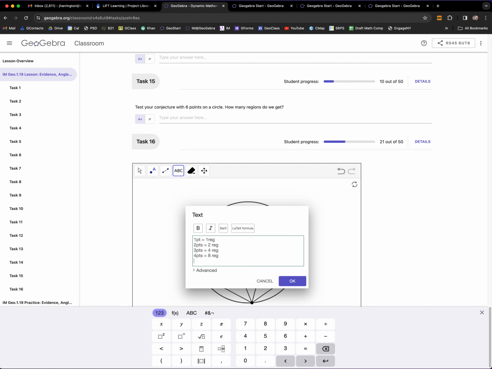So you can see how this number is doubling. 1 region to 2 regions to 4 regions to 8 regions. And now we're going to, and we did 5 points.